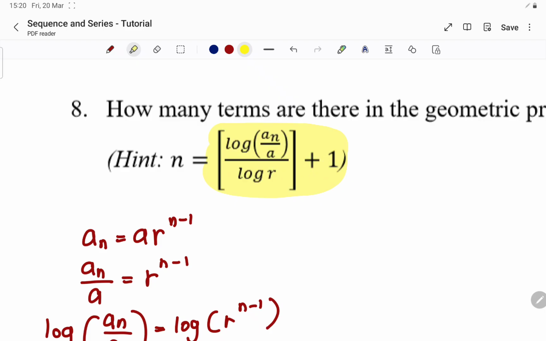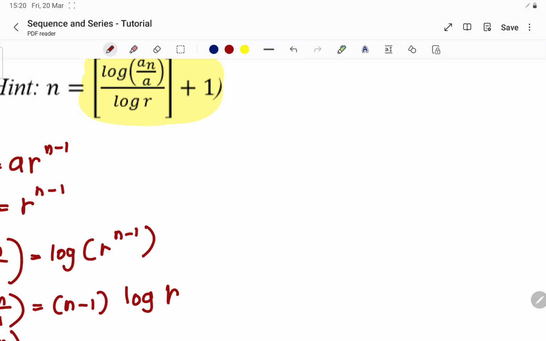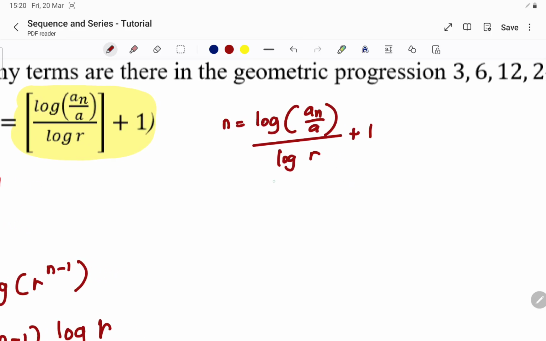Now, since you got that already, what you have to do is substitute inside the formula that you have. So n is equal to log of an divided by a, divided by log r, plus 1. Do we have an? Yes, we have.